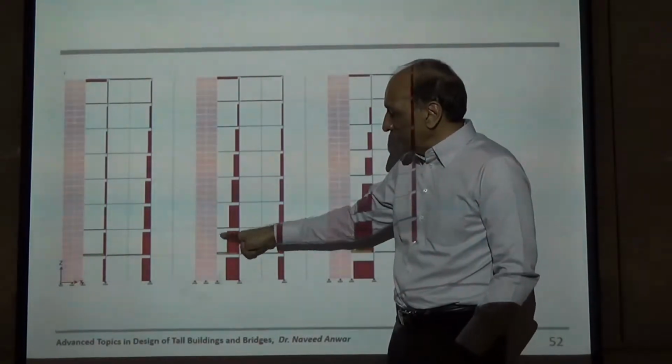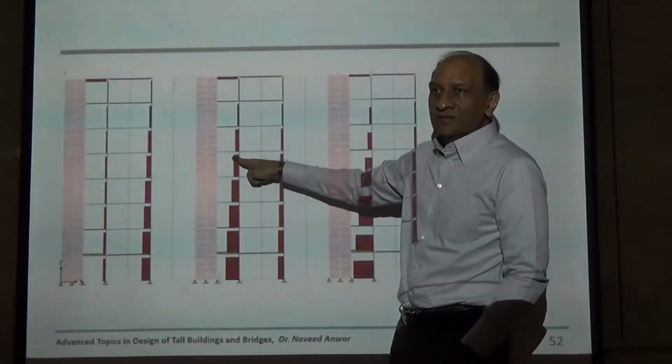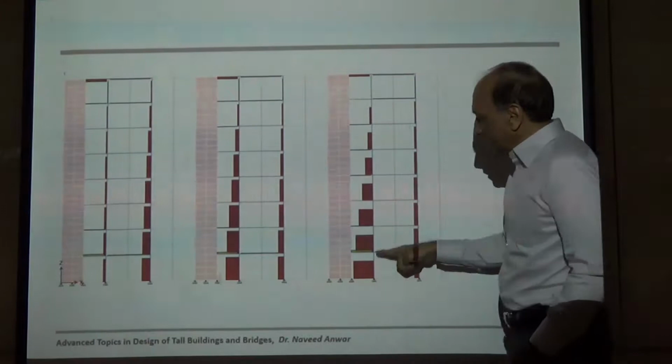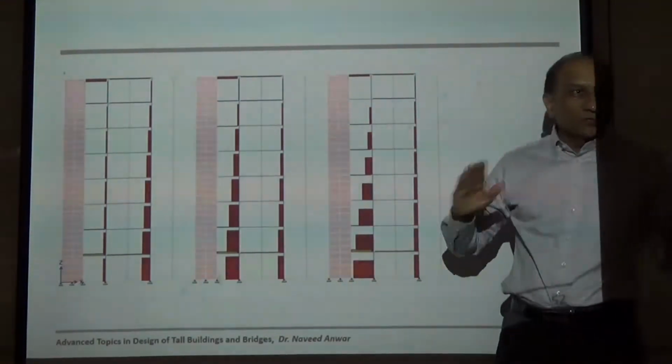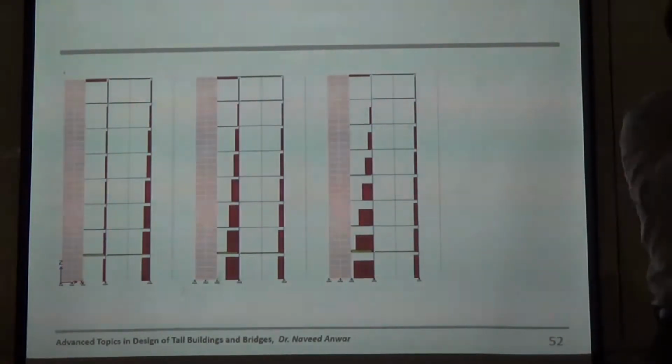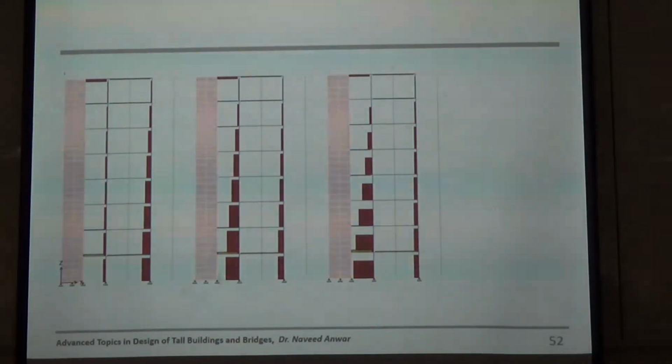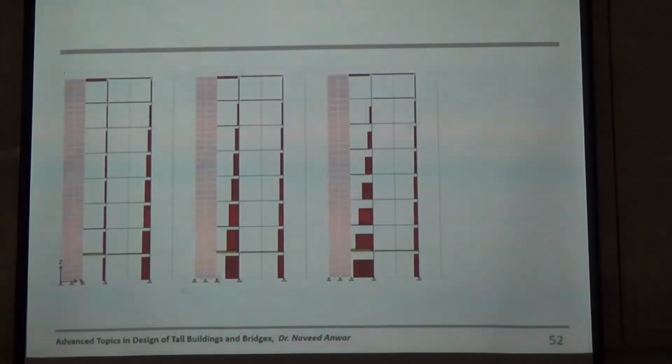That means more shear is being transferred from this to this column. And when you increase that, this column has a very large axial force. So now this column is acting to balance the deflection of the shear wall. It is propping the shear wall.